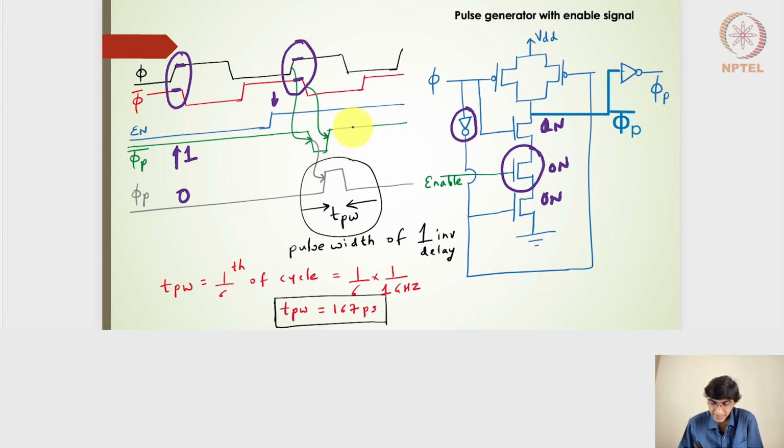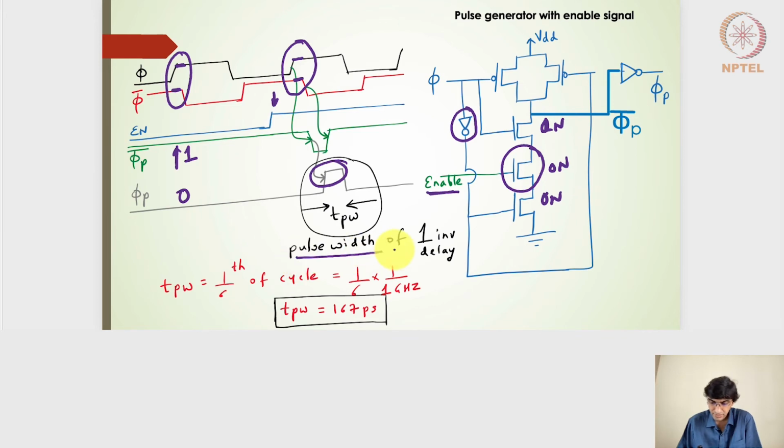That is what is happening here. And once it goes back to low, then it will go back to high, right? So we get this phi p bar signal, and then the pulse signal will be generated with a pulse width here, which is of course determined by the first inverter, right? So this is a very simple circuit providing the pulse signals only when the enable signal is high. An enable control signal is also accommodated in this particular circuit.